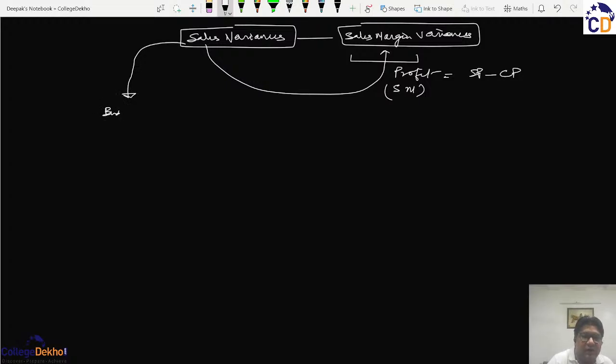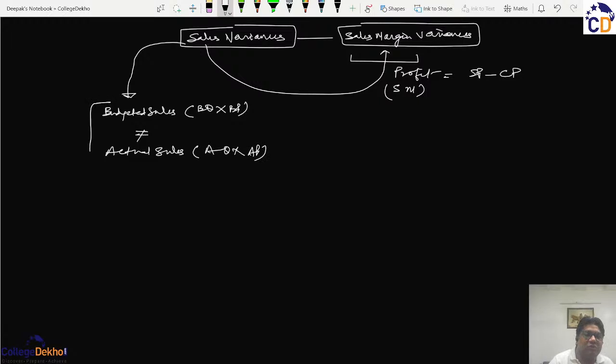When we discussed the sales variances in our last session on standard costing, we said that there will be a budgeted sales, the sales which you have planned, equal to the budgeted quantity multiplied by the budgeted price. That will be compared with the actual sales, which will be equal to actual quantity into actual price.